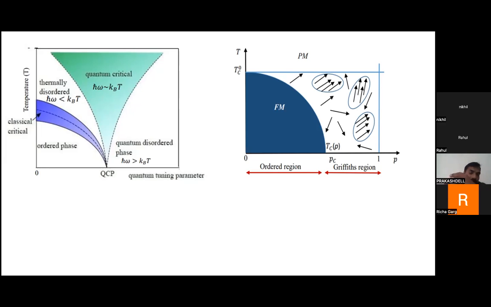On the other hand, if the phase transition occurs in a system due to a non-thermal parameter, such as concentration due to doping, or strain, or pressure, and more importantly the phase transition could occur at absolute 0 Kelvin, which is not possible to realize in the classical domain at all. This is a very basic difference.